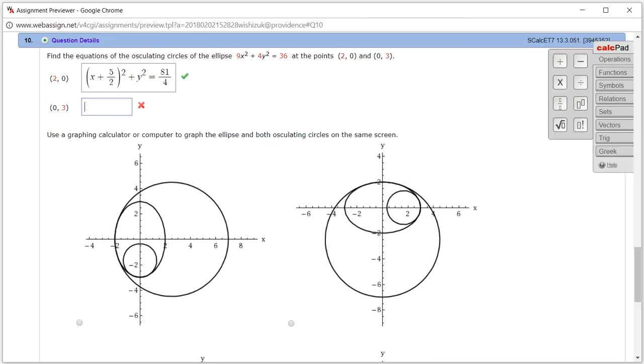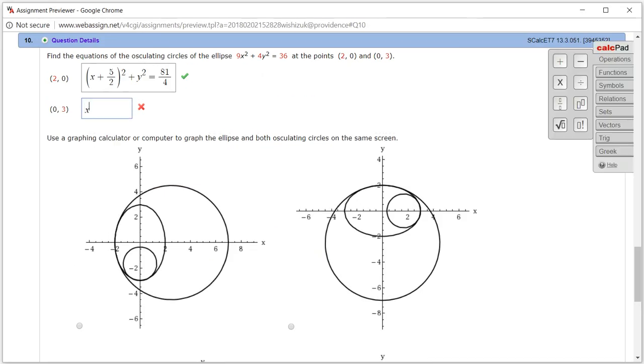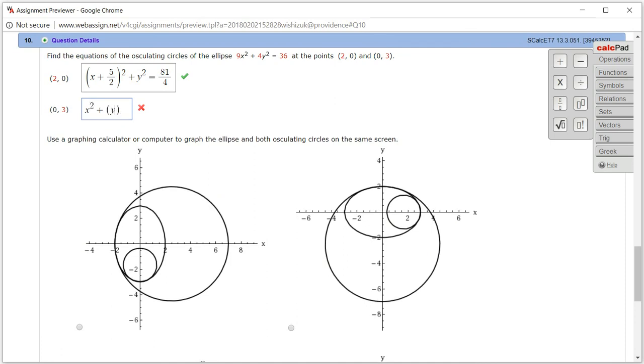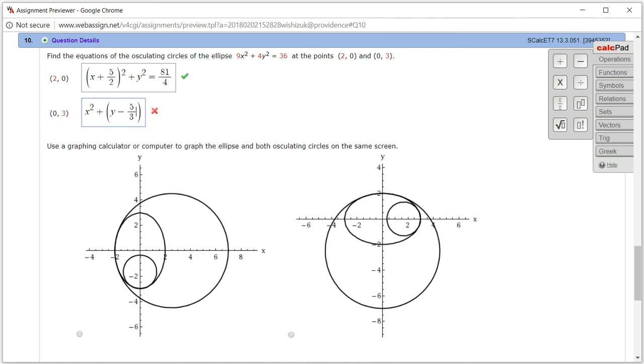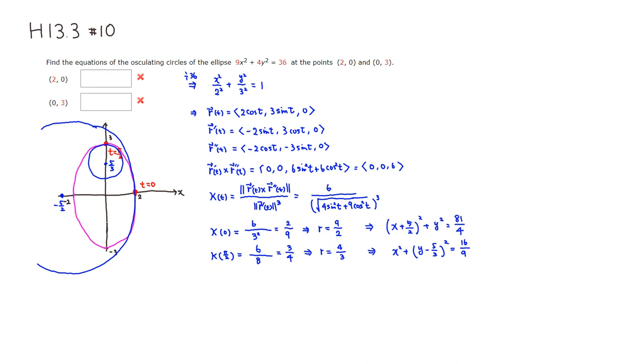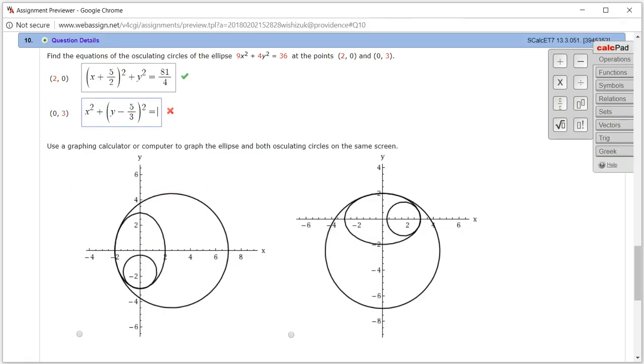So we have x squared plus y minus 5/3 squared is equal to, I forgot the radius. The radius is 4 over 3, so 16 over 9.